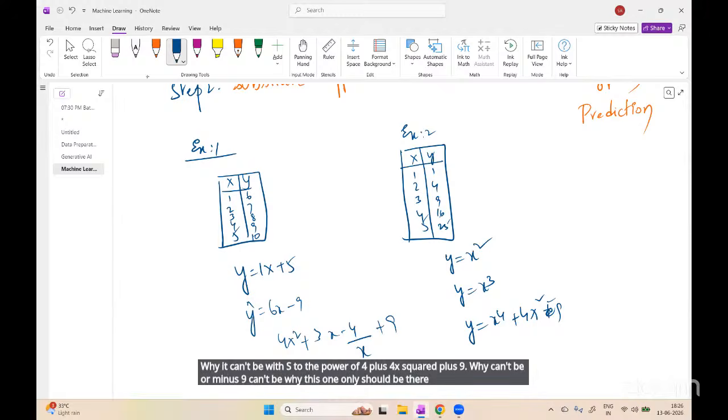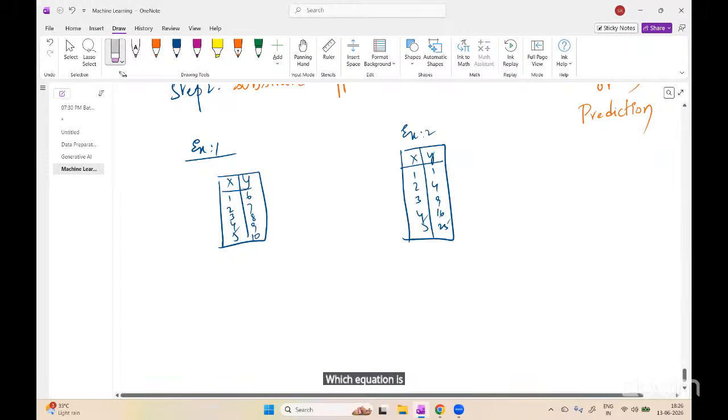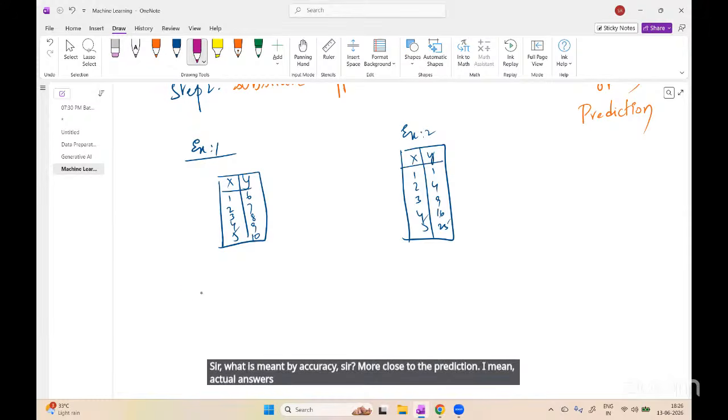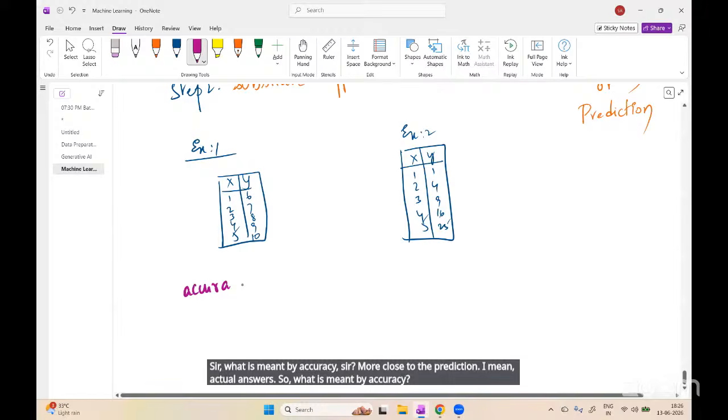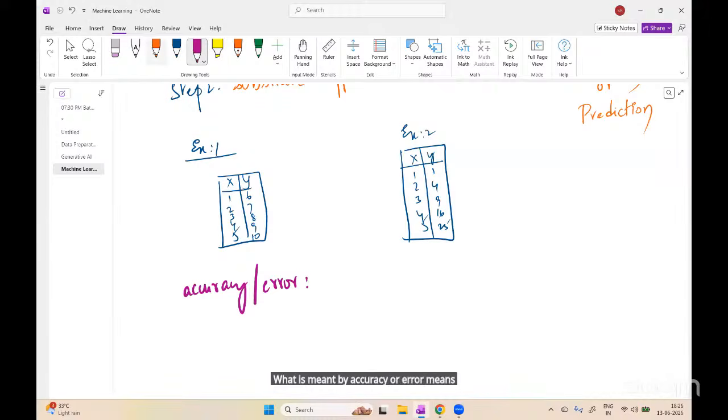Yes, here, answer is very simple. Out of infinite equations, which equation is more having the accuracy? That one. Sir, what is meant by accuracy, sir? More close to the prediction, I mean, actual answers. So, what is meant by accuracy or error? It means the closeness.